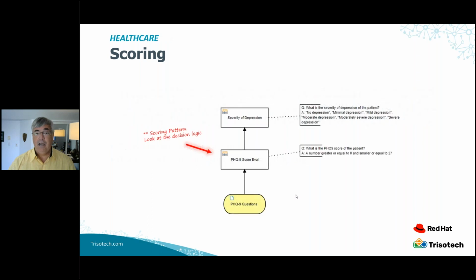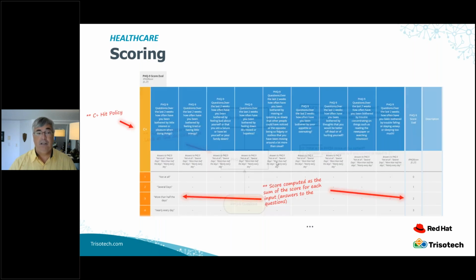So again, let's go back to the PHQ-9 example, where we were doing a scoring of the PHQ. The PHQ stands for Patient Health Questionnaire 9. It's 9 health questions that are asked, and you see these 9 questions are my different inputs here, and the output is the score.